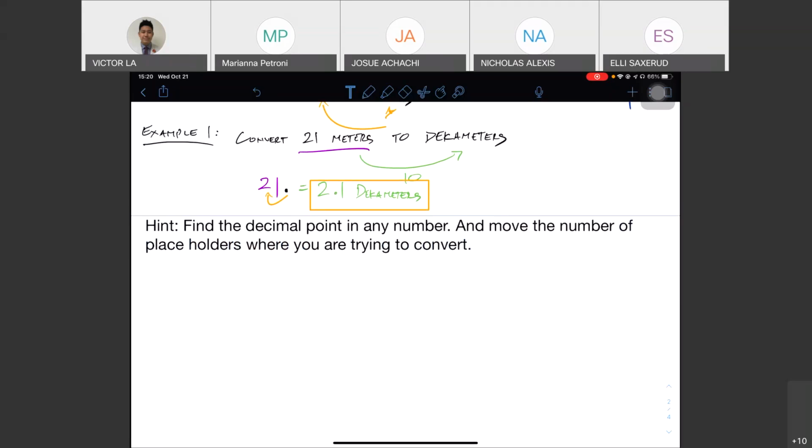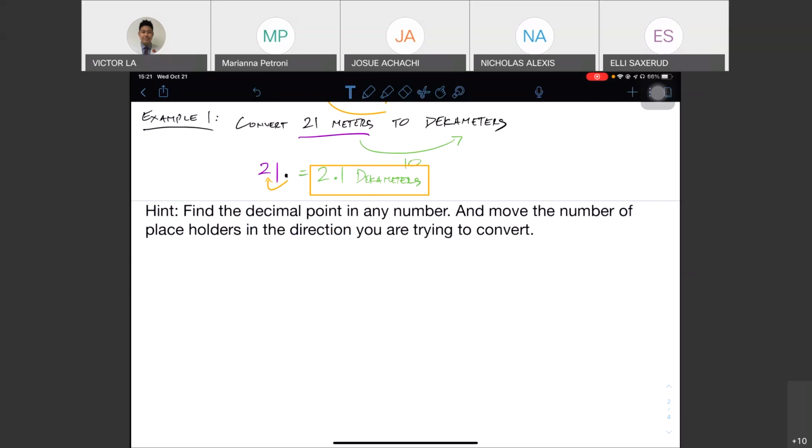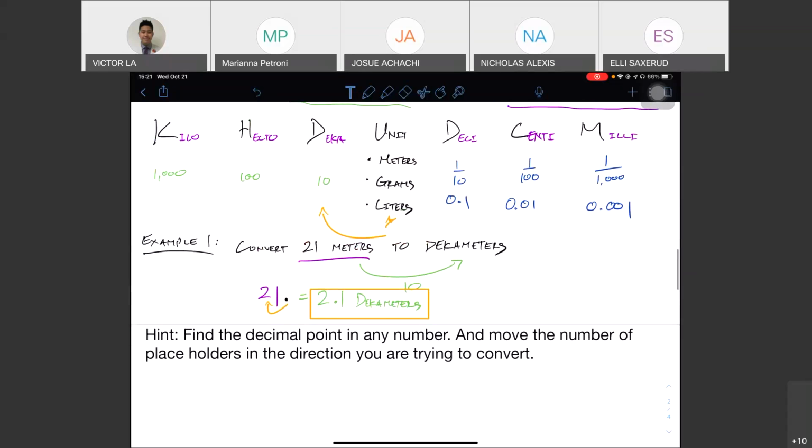So you find the decimal point in any number, and you move the number of placeholders in the direction you're trying to convert. So again, there's our direction.